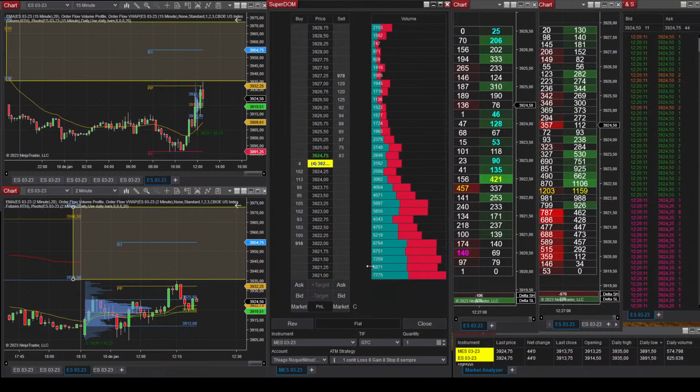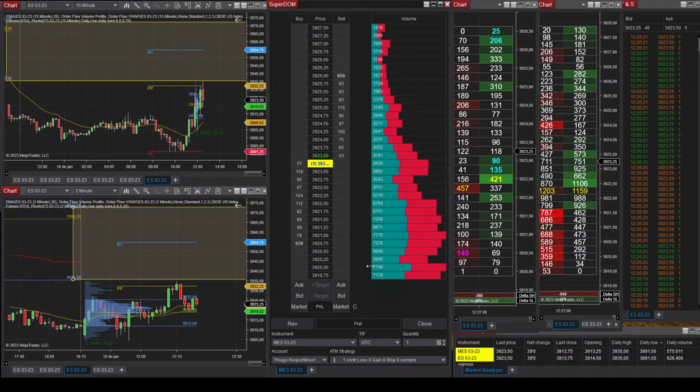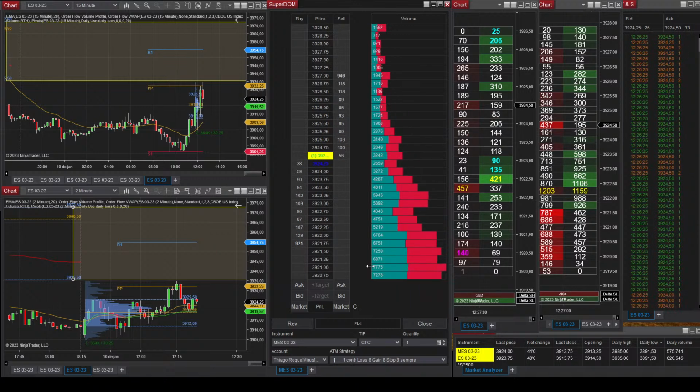This leaves room for sellers to see that they can put pressure, they can get excited and start spending their contracts to move downwards. But at this time, sellers are actually reacting.